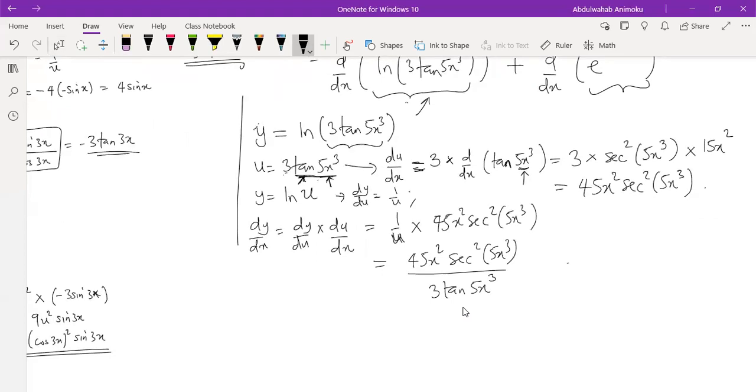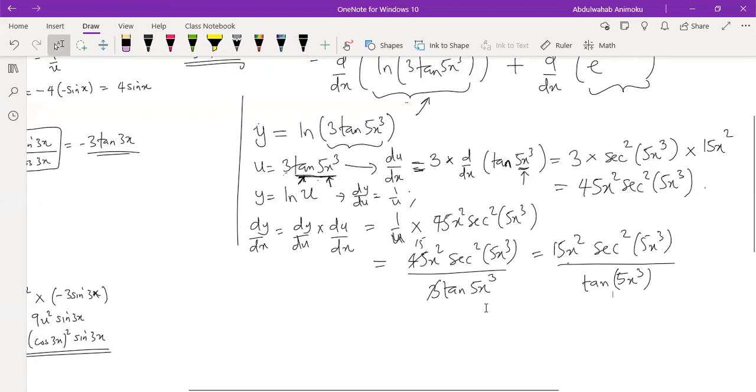Okay, so 3 can go into 45 to be 15, so that will give us 15x squared secant square 5x cubed all over tan 5x cubed. Now, you can actually simplify secant square of this over tan of 5x cubed, but you don't have to. Let's just leave it as it is for the meantime.